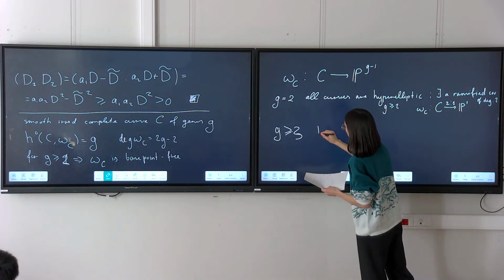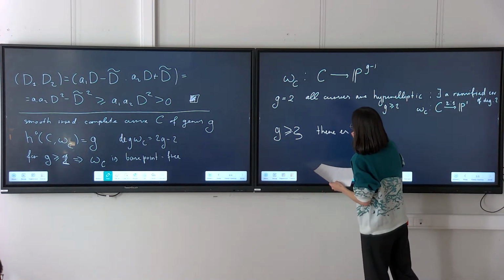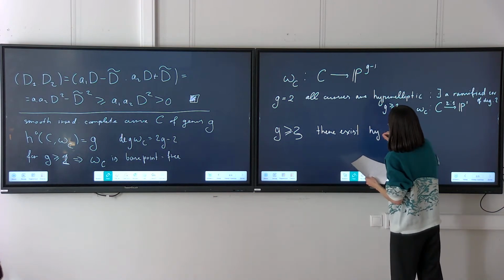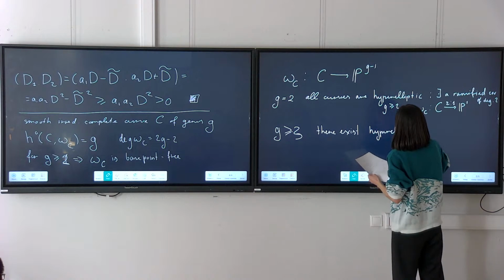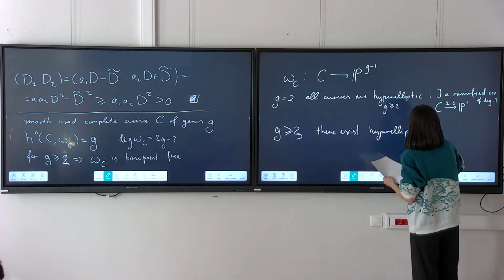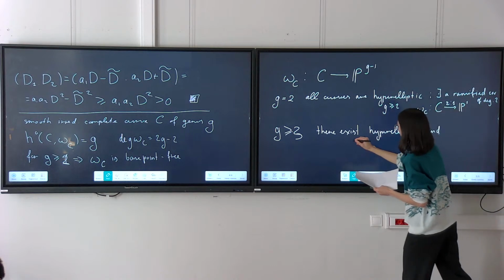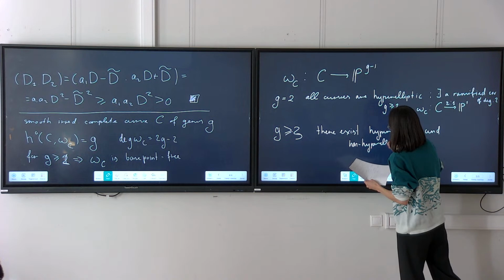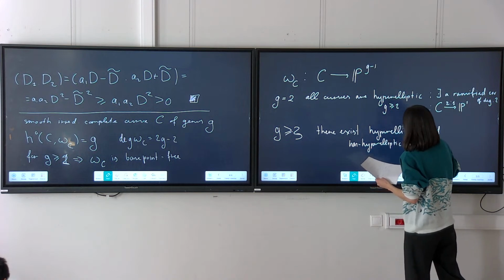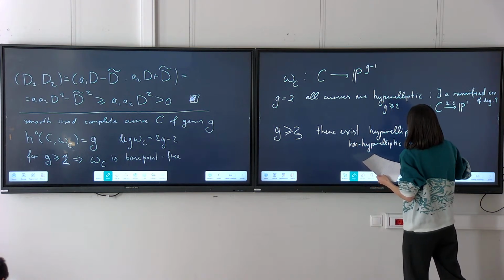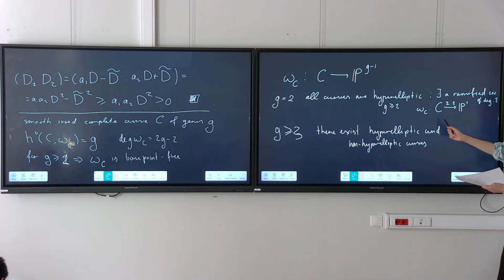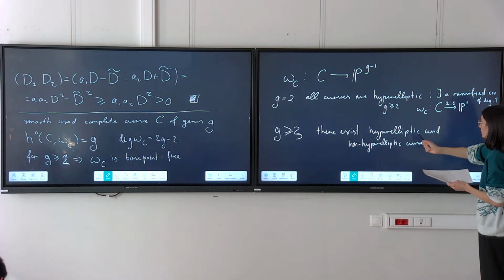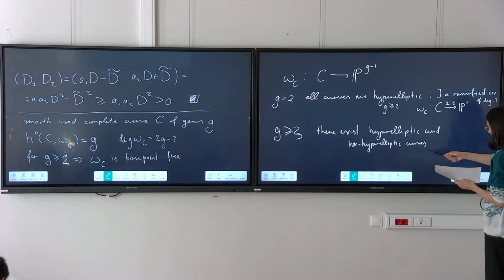So there exist hyperelliptic and non-hyperelliptic curves. And in fact, the canonical bundle is very ample if and only if we have a non-hyperelliptic curve.